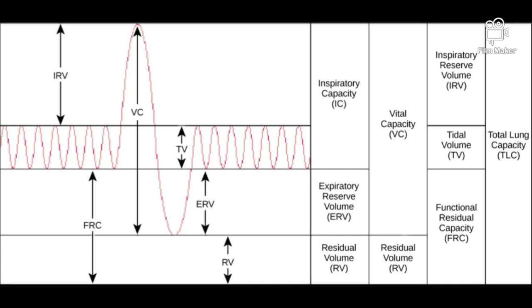On the other hand, VC will also go down in disease conditions like emphysema, pleural effusion, and congestive heart failure. VC will be high for athletes and sports persons. So VC is an important parameter that helps in understanding the lungs' vital capacity.